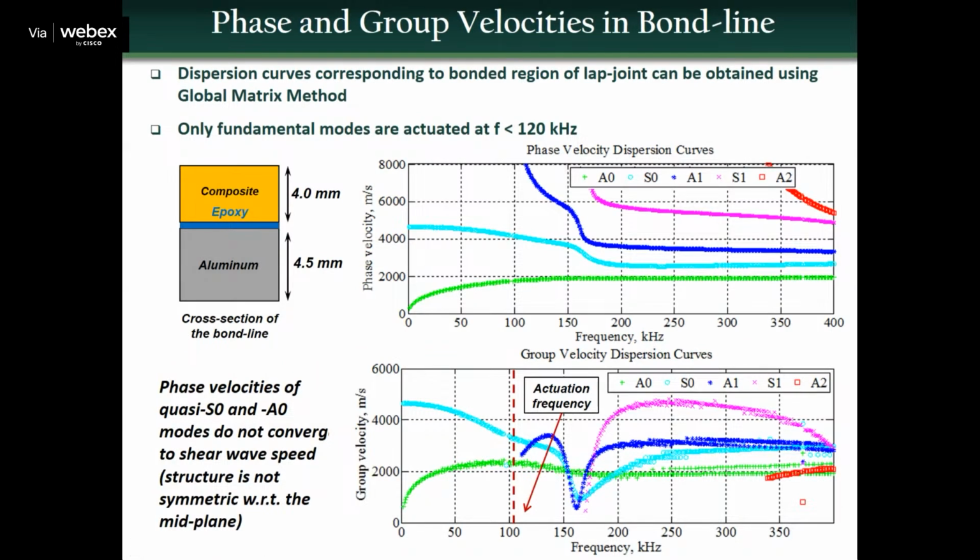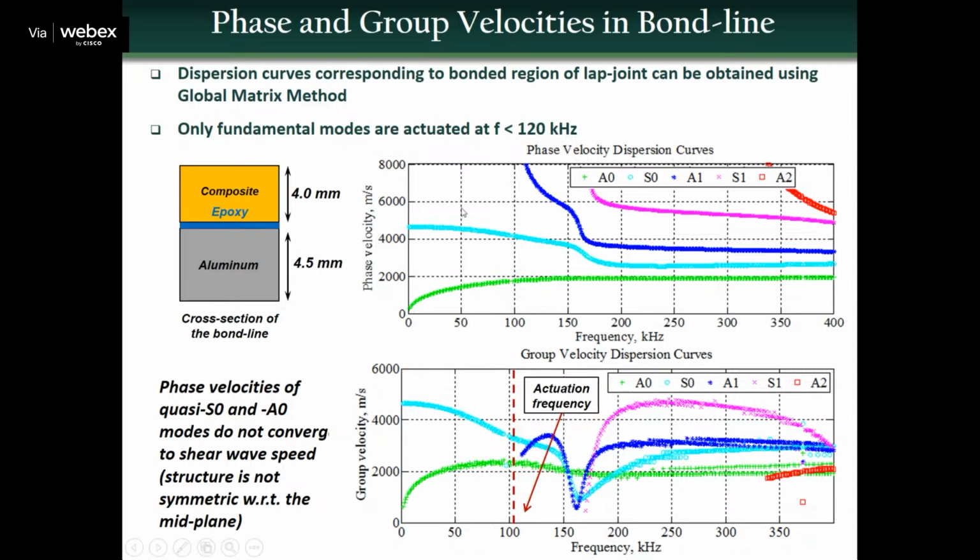And as I said, first of all, you have to do a study to understand the dispersion, and this is very critical for you to decide what frequency to choose. This shows the phase and group velocities versus frequency for this particular structure, where you have the composite joined with aluminum and the epoxy layer in between.